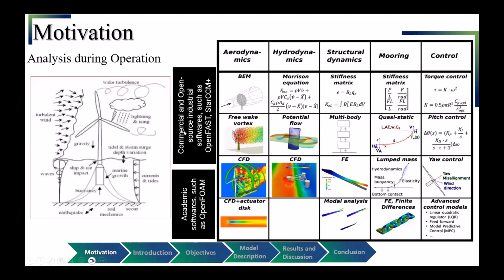There is commercial and open source industrial software like OpenFAST and StarCCM, but they depend on the Morison equation and beam element method, which are low and moderate fidelity CFD. That's why most recent simulations of fluid-solid interactions are investigated using the OpenFOAM software, which is high fidelity CFD.